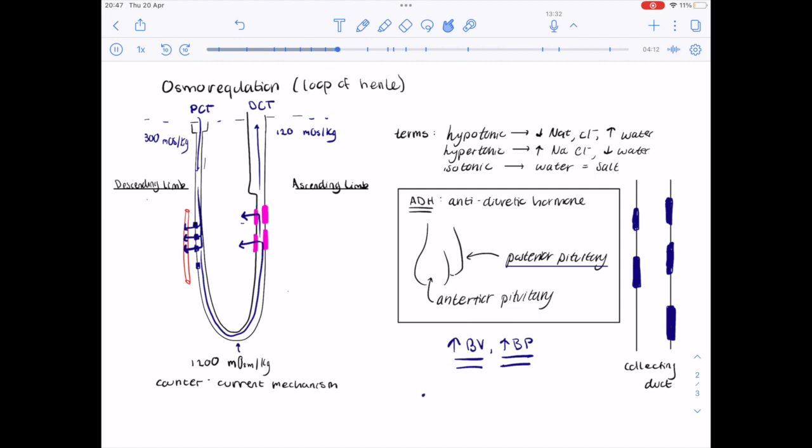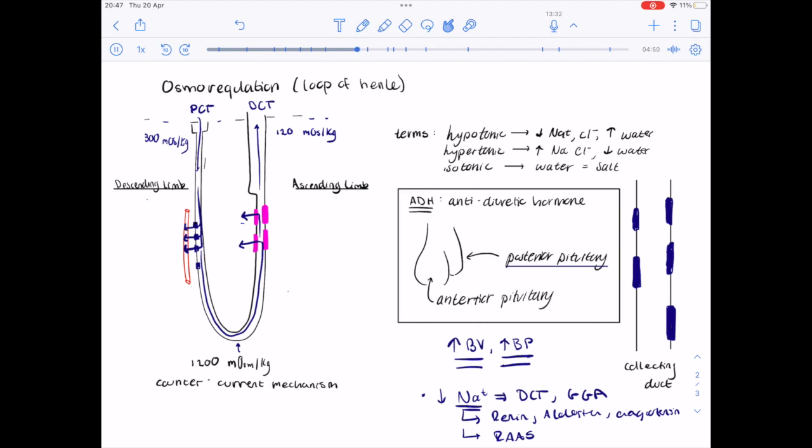If the body senses that there is a deficiency in sodium, so this would mostly be in the distal convoluted tubule, but also in the juxtaglomerular apparatus, okay, which we didn't cover today, then that will be taken care of through the secretion of hormones like renin, aldosterone, and angiotensin. Okay, and you'll later learn that this is the RAS system. So that's really important for increasing the absorption of solutes in the body.